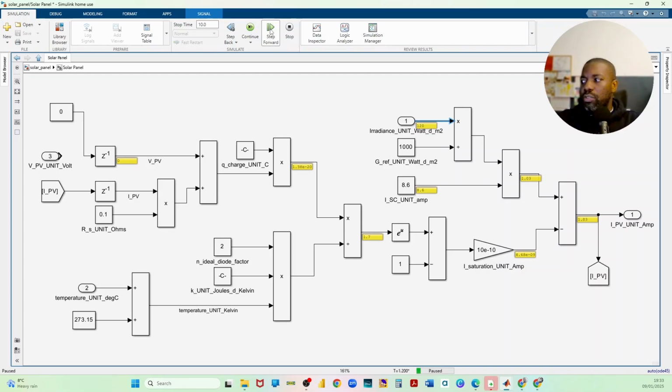So we are able to see changes as I go through and step through all the changes that make a bit more sense to me, where the fundamental current based on the sun intensity is on this path, and then the voltage drop that also causes a loss in current due to the diode is on this path.